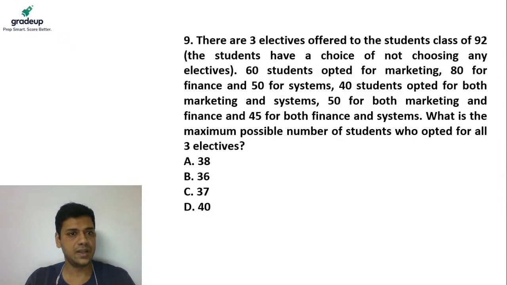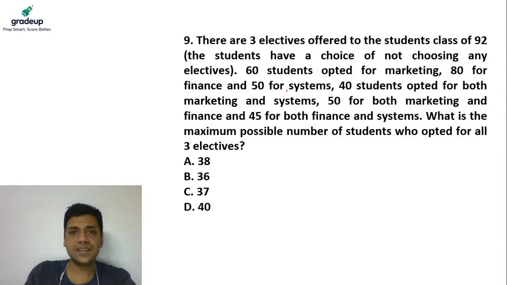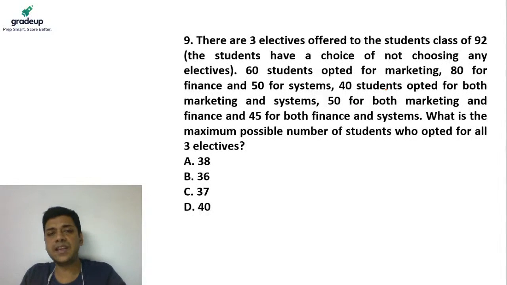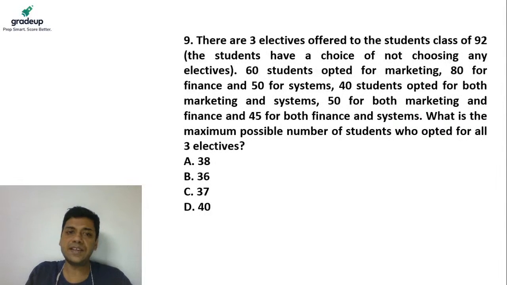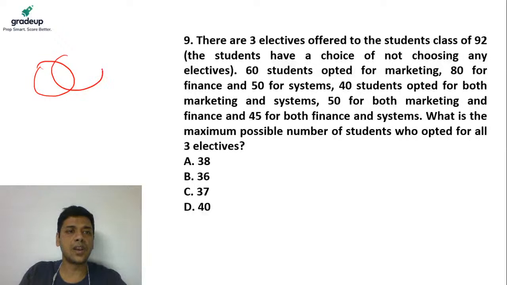How to do it? For the maximum number of students to take all three, I will assume that everyone would have selected at least one. One way is to make a Venn diagram. Whenever we make a Venn diagram, we always start with the intersection of all.